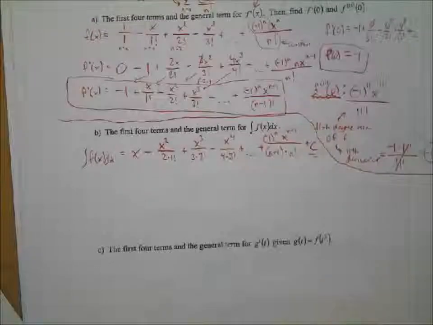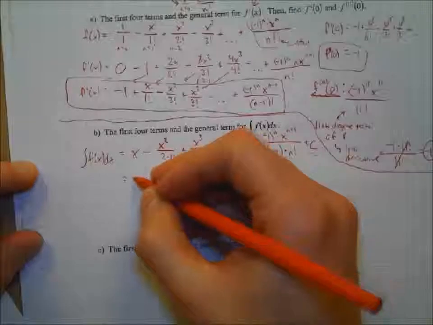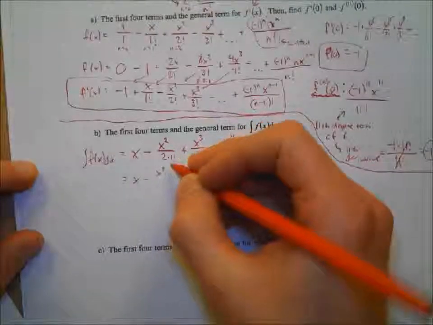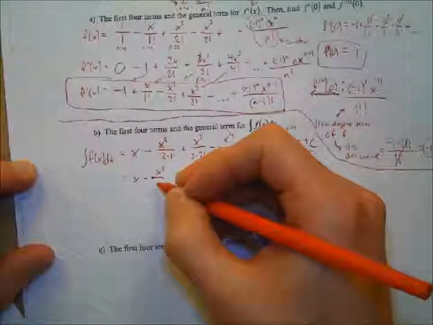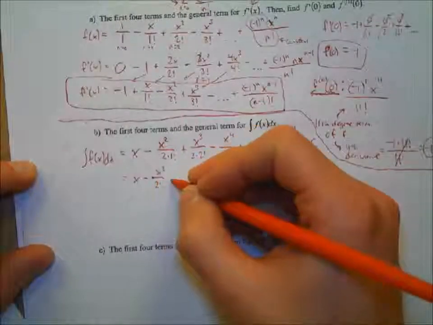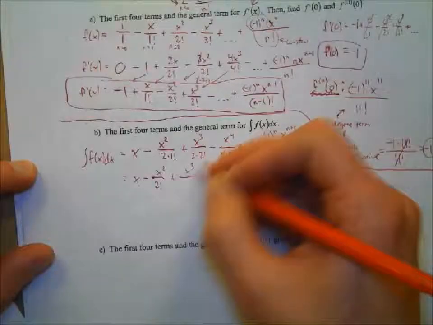Okay? So you can simplify the n plus 1 and the n factorial, right? Yes, in fact, all of these factorials simplify some, and I'll go ahead and do that right now. So 2 times 1 factorial is what? 2 factorial, right? Okay, x to the third. 3 times 2 factorial, 3 factorial, right?